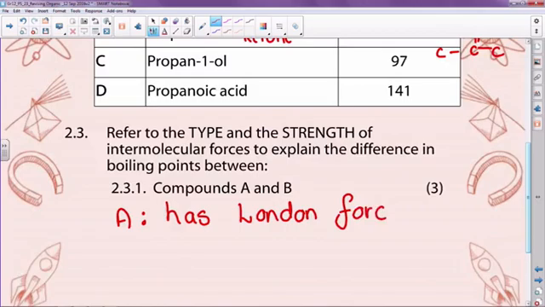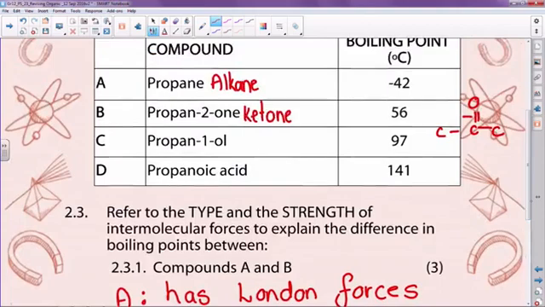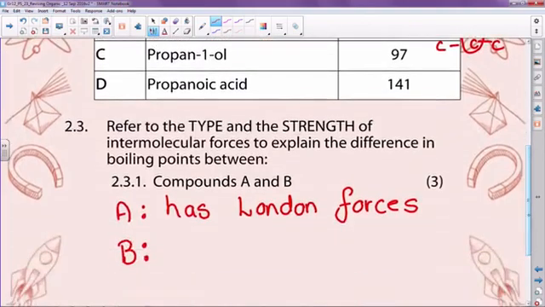Some of you might have learnt it as induced dipole. That's fine. B also has London forces, but because of that double bond to the oxygen in the middle, it creates a dipole. So B has dipole forces, or dipole-dipole.